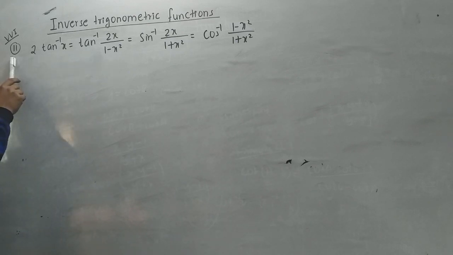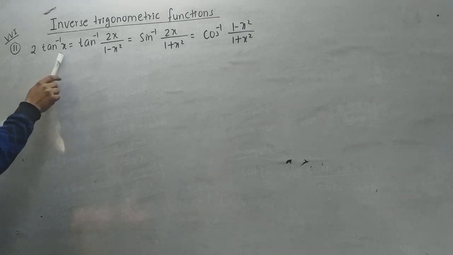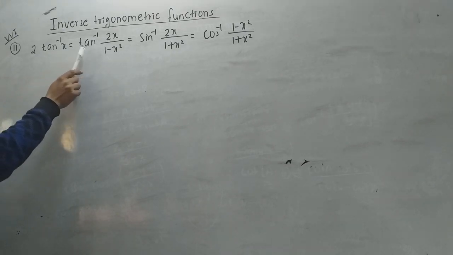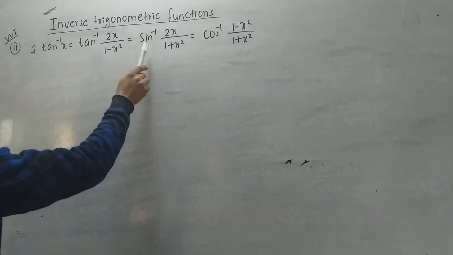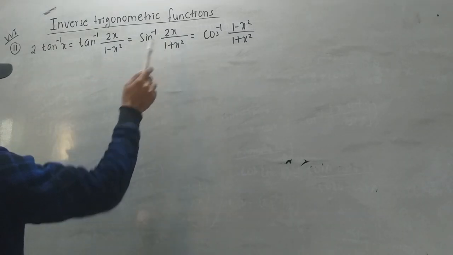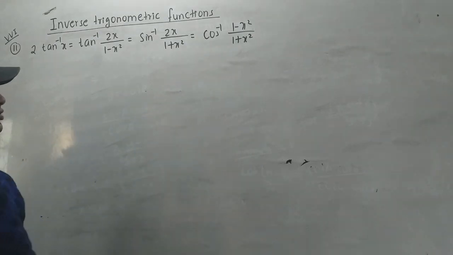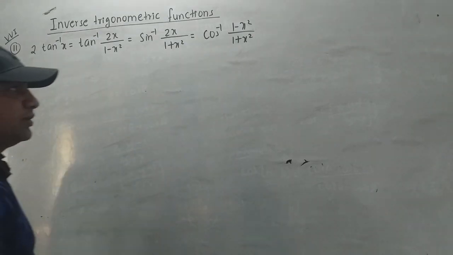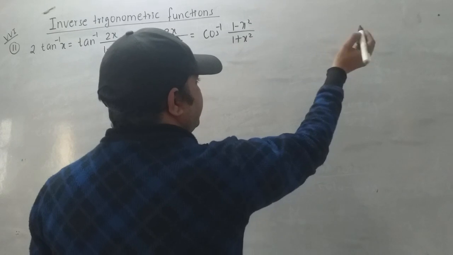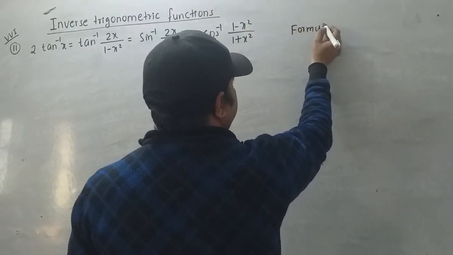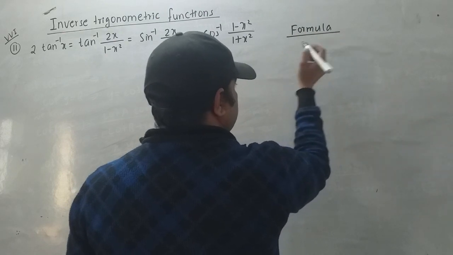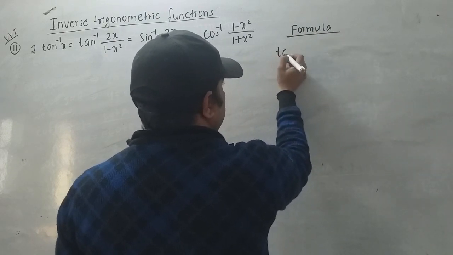So formula number 11: 2 tan inverse x is tan inverse of 2x divided by 1 minus x square, sin inverse of 2x by 1 plus x square, cos inverse of 1 minus x square by 1 plus x square. But before proceeding, you need to know some basic formulas.